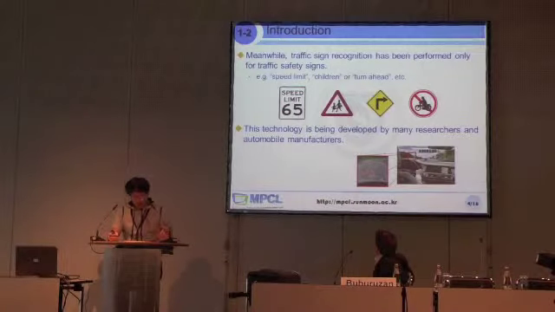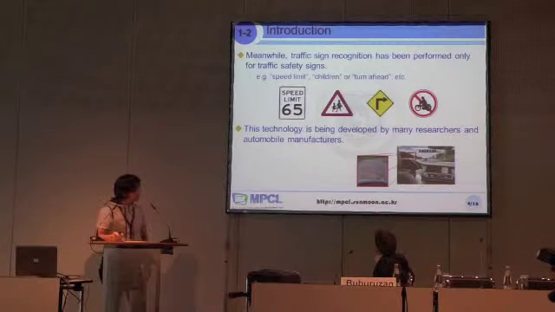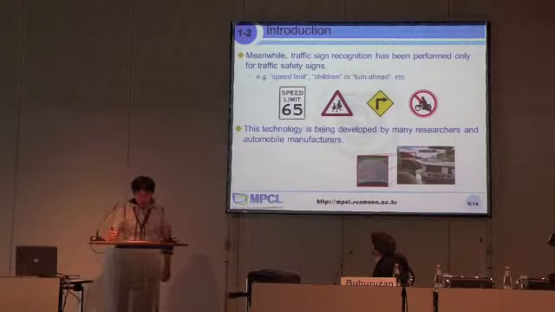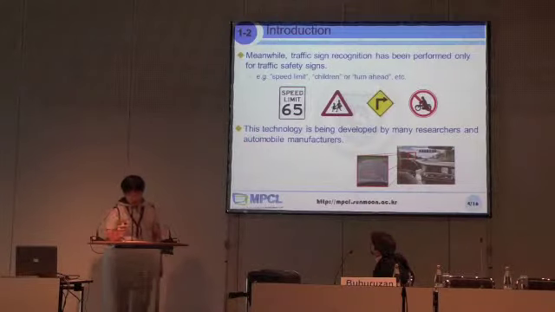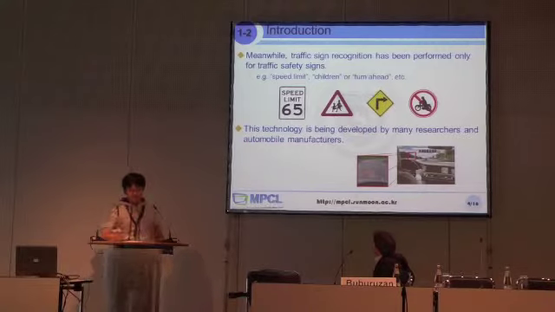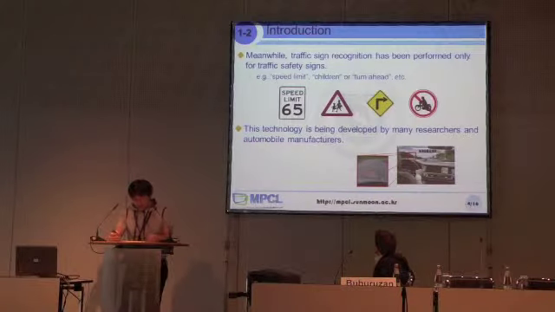This information is designed to be easily recognizable. This technology is being developed by many researchers and automobile manufacturers. Currently, traffic safety sign recognition results are displayed using a head-up display and navigation system.